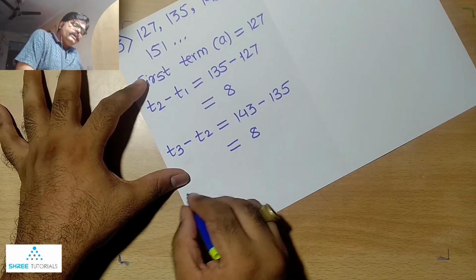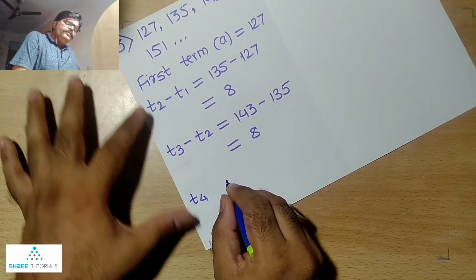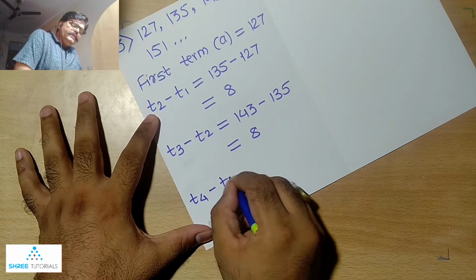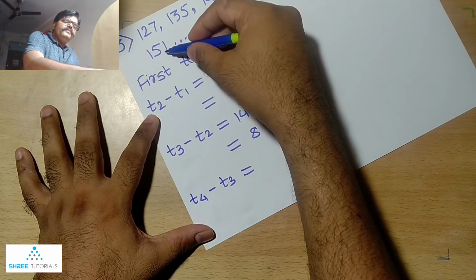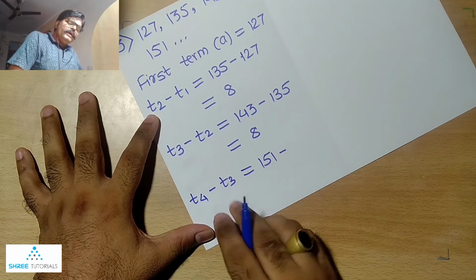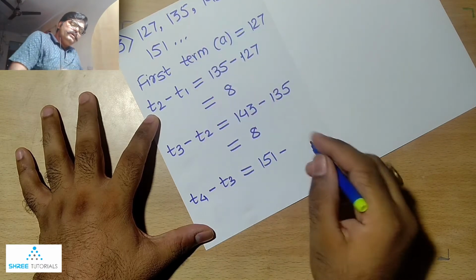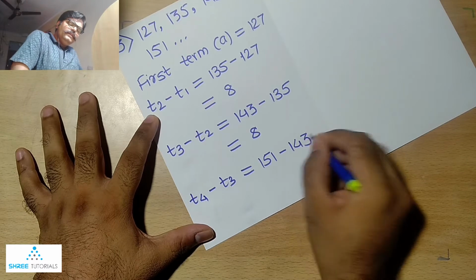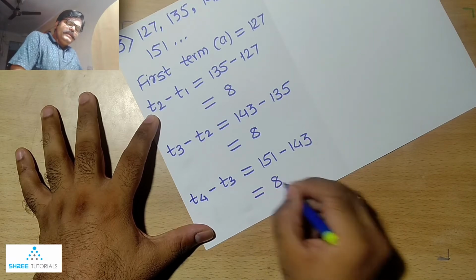Similarly here we are going to calculate T4 minus T3. T4 they have given us to be 151. So 151 minus T3, which is 143. The subtraction gives us 8 itself.